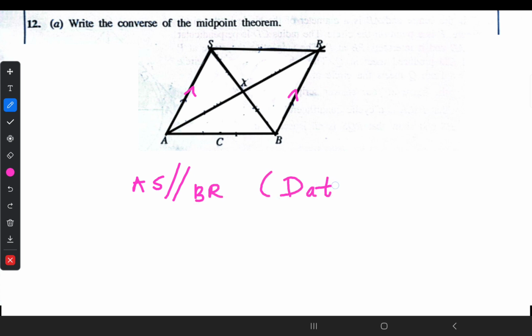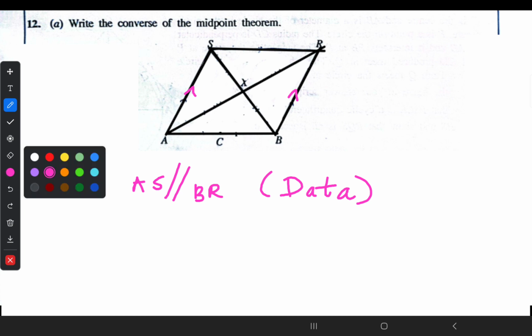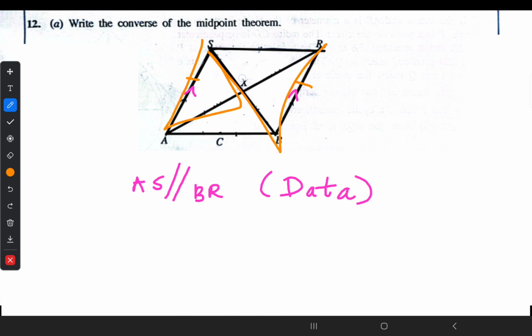And thereafter, we just showed these two triangles are congruent. If these two triangles are congruent, we can derive that this side equals this side. Only if these two triangles are congruent, the corresponding elements are equal with each other. Like that, we can show AS equals BR.